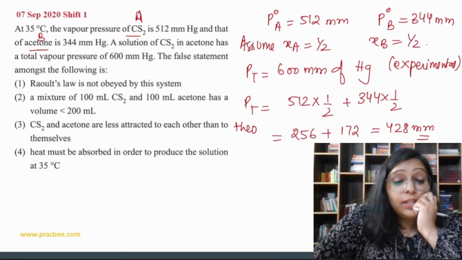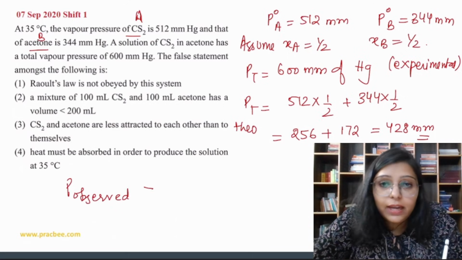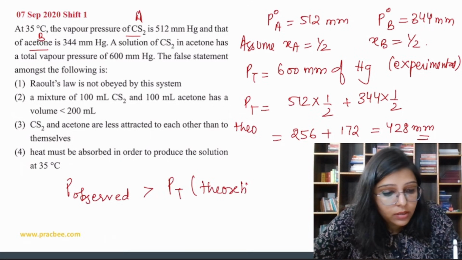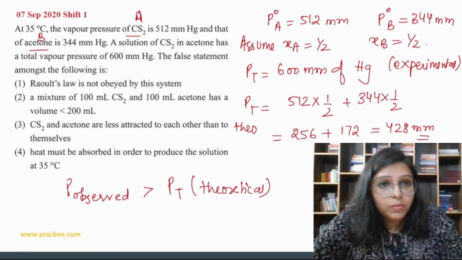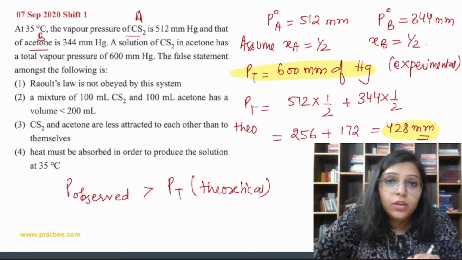But the point is observed pressure is greater than the theoretical pressure. See, theoretical pressure should be 428, but observed pressure is 600 mm Hg.